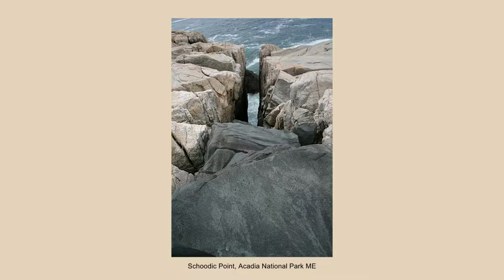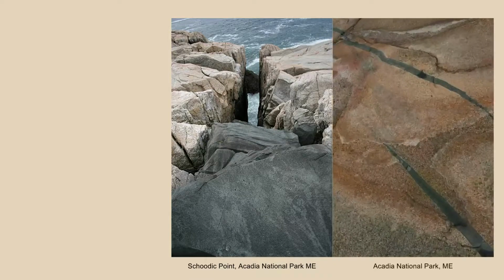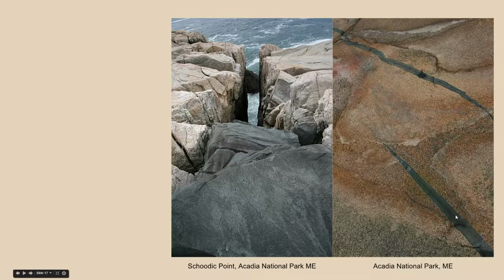So in this case we know that the black rock is younger than the blocks of granite because it cut through that granite. We can see here's some more evidence. This is also in Acadia National Park. And you can see the same thing, these black, I think it's dacite, maybe even a basalt in this case.